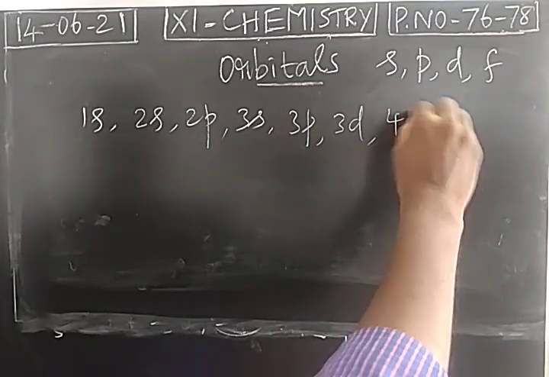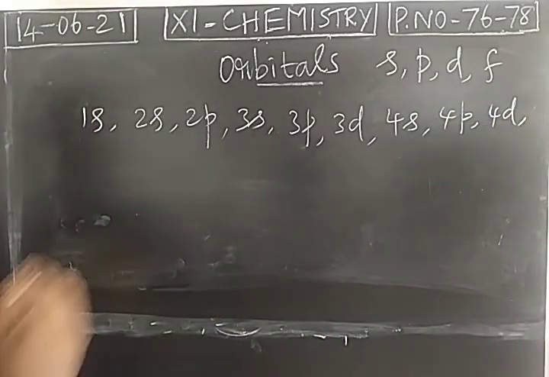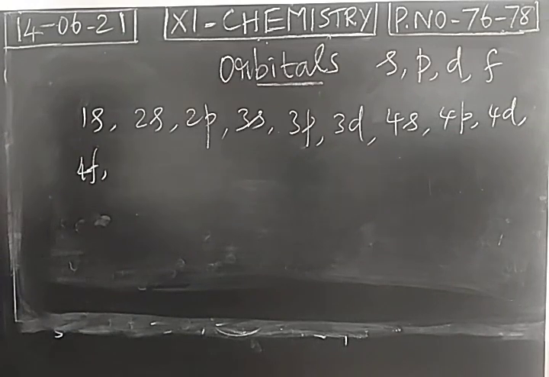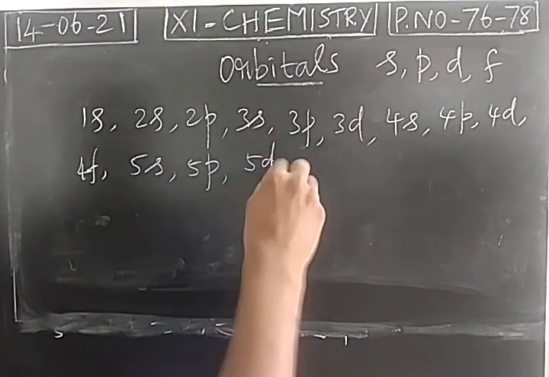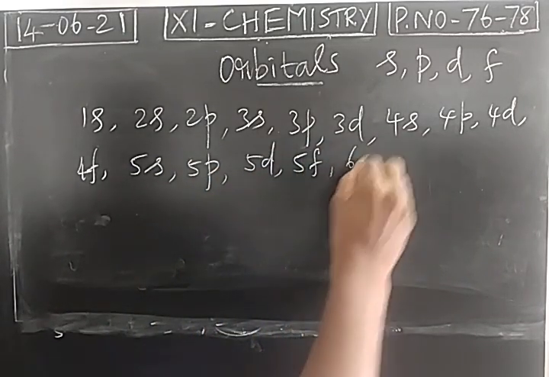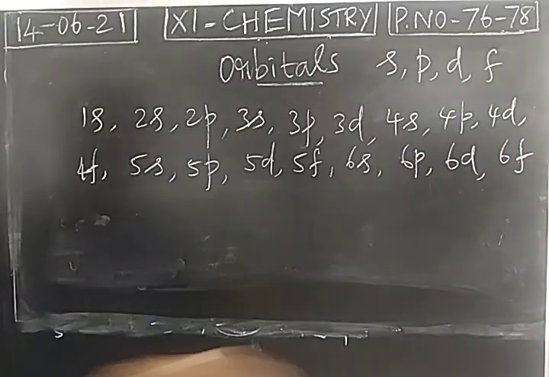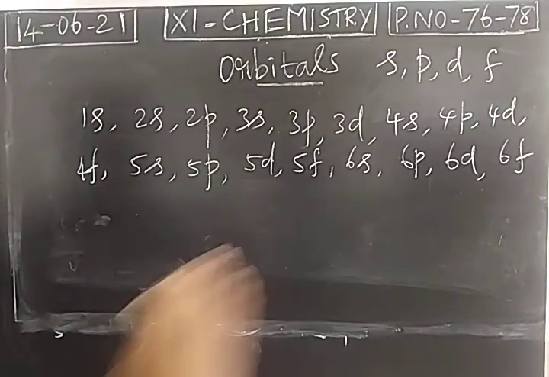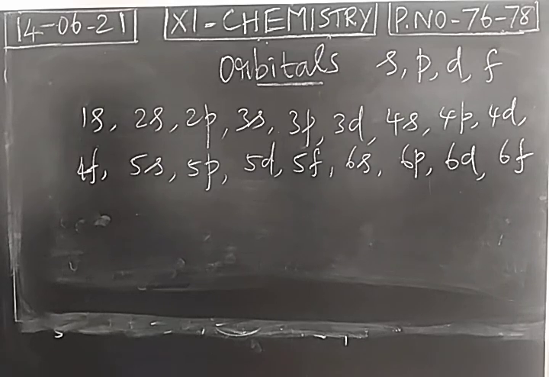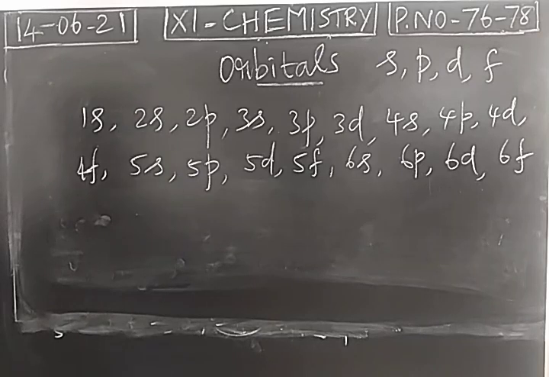Fourth shell has all the 4 types of orbitals: 4s, 4p, 4d, 4f. Fifth shell having all 4 types of orbitals: 5s, 5p, 5d, 5f, then 6s, 6p, 6d, 6f, like that we may write. But the order of orbitals will be changed based on the energy. We write the orbitals present in each shell.